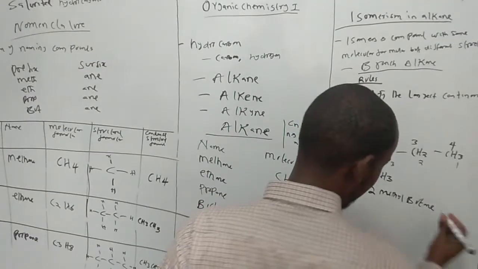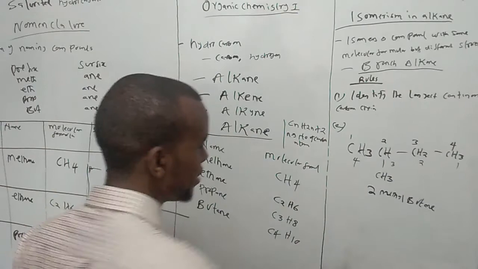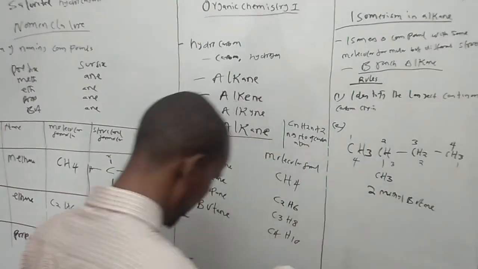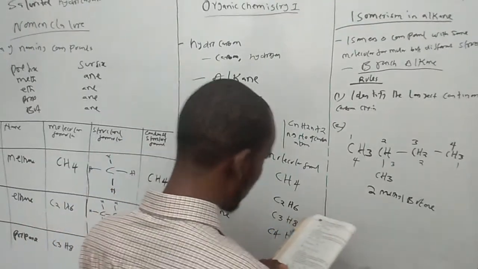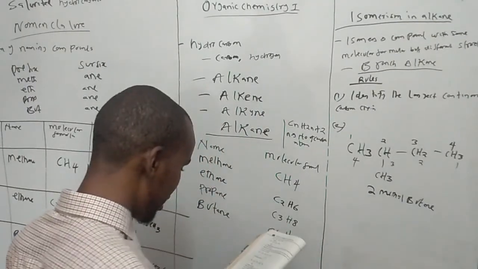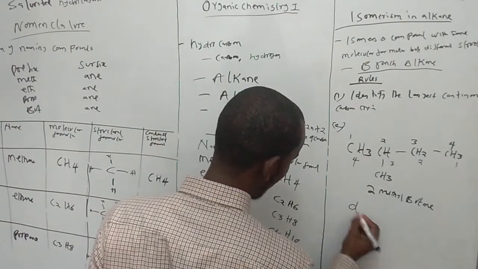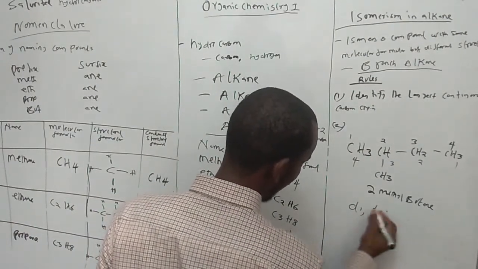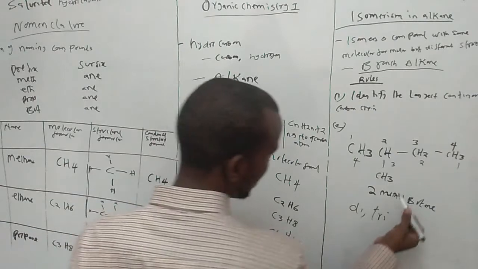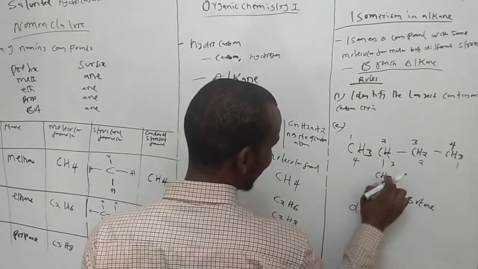Then there are some instances where we may have more than one branch. Maybe there are 2 branches attached. In case there are 2 or more similar substituent groups in the chain, they are indicated by their prefix, like di, tri. You may have a case whereby the substituent group is attached twice.